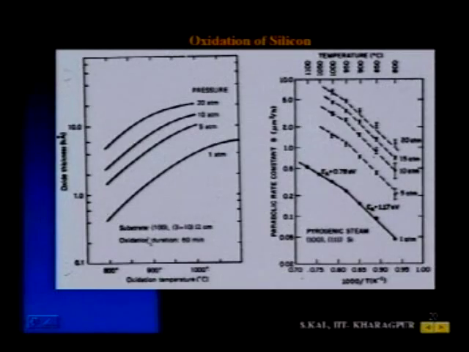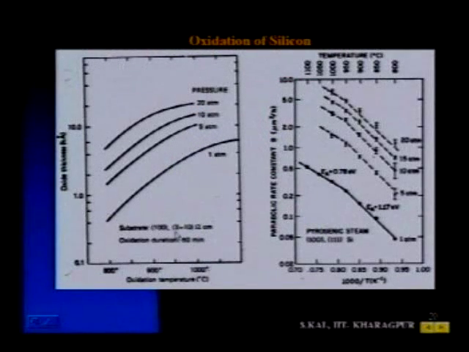And this curve is for 100 silicon, and the substrate resistivity is 3 to 10 ohm centimeter. That means when you record some data of oxide thickness versus temperature, or oxide thickness versus time, you always have to mention the substrate orientation, because we have seen that the oxidation process is dependent on the substrate orientation.